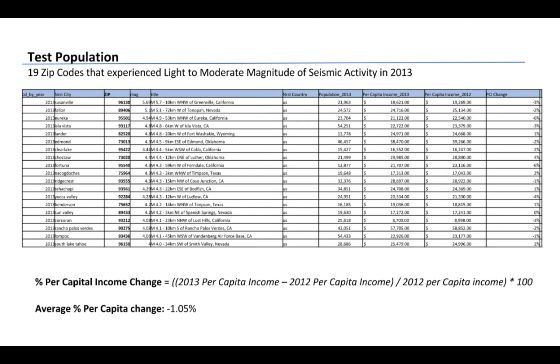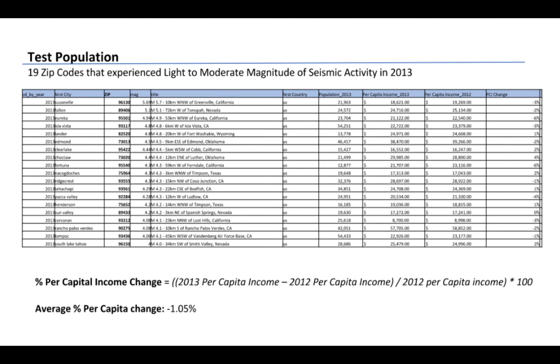Per capita income change is calculated by taking the 2013 per capita income less 2012, over the previous year's per capita income. We're trying to see how much of a drop or increase there is in per capita income between the year before the earthquake and when the earthquake happened.